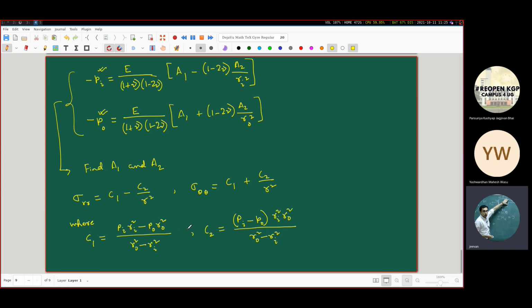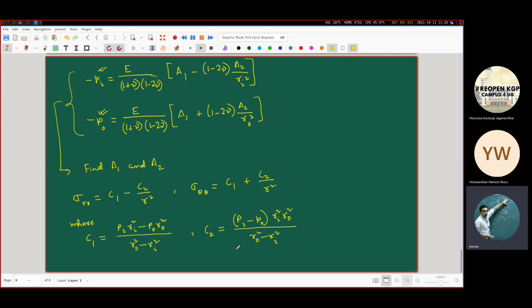Okay. Now, very importantly, what we can do, and what I will of course ask you to do in the tutorial problems, is that you can take special cases. For instance, one of the most important special cases is to say, what happens if you take Po equal to 0 and just consider the influence of Pi, because that is exactly like the situation you did in the case of the thin walled pressure vessel, where you considered only the gauge pressure.